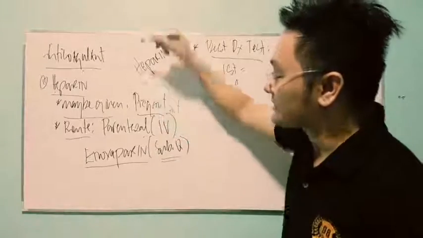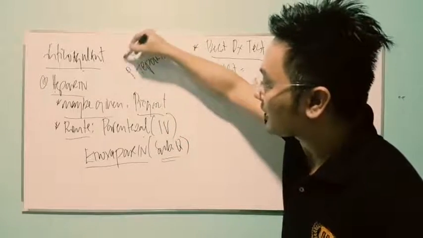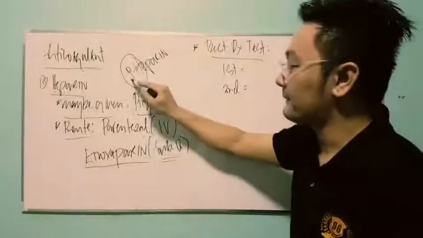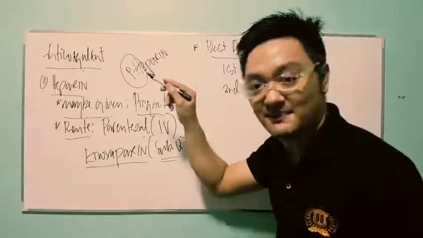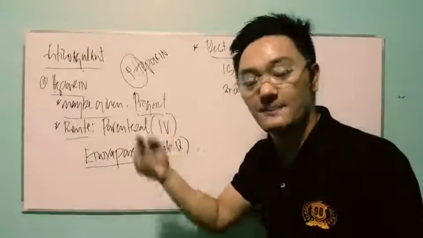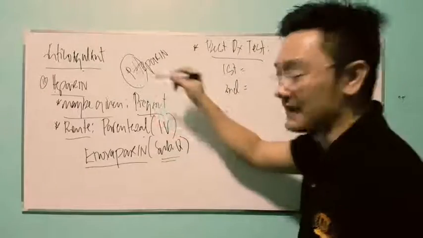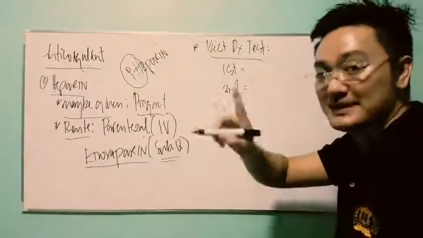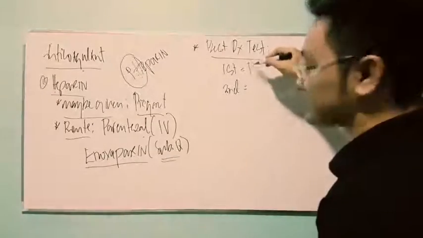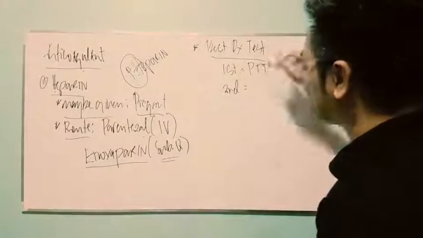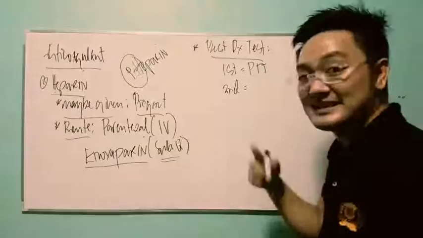If you put P prior to H, it looks like what? PTT. Familiar? So what does PTT stand for? PTT stands for partial thromboplastin time. Therefore, the first answer, the best test to evaluate the therapeutic level of heparin is your PTT or APTT.